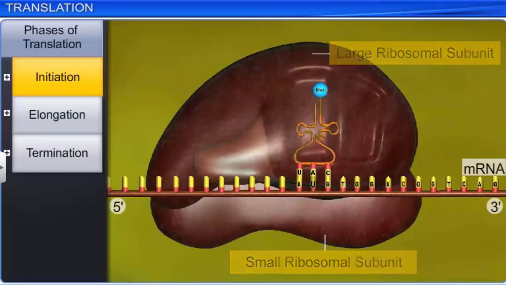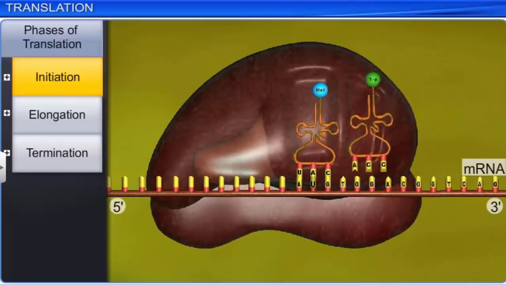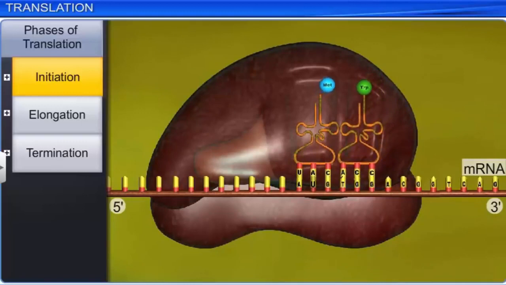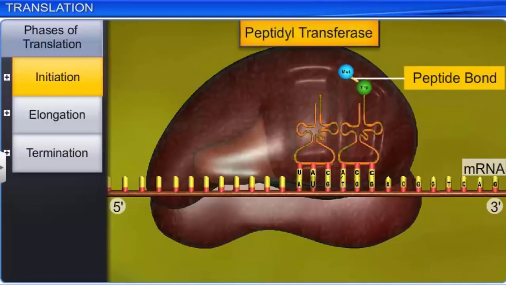Another aminoacyl tRNA now binds to the A site of the large ribosomal subunit, and the first peptide bond is formed between these amino acids. The peptide bond formation is catalyzed by the peptidyl transferase enzyme.